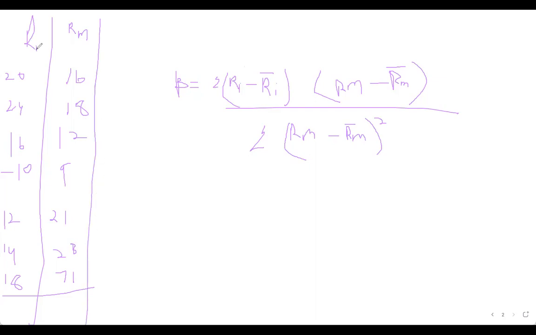So Ri is the return on a particular security, and Rm is the market return, how much the market has given. So we will see now. First of all, I'll have to calculate summation Ri and Ri bar. So I'll have it as 44, 44 plus 6, 50, 60, 60 minus 10, 50, 62, 62 plus 18, 80, 94, right? 94.